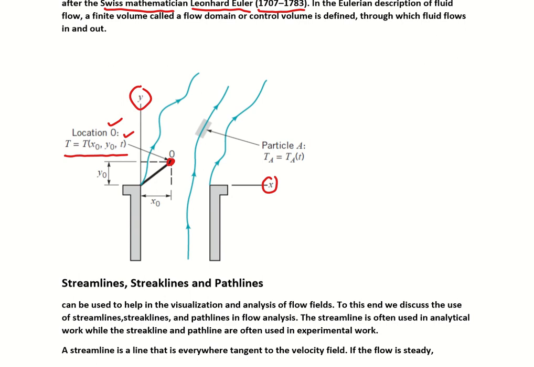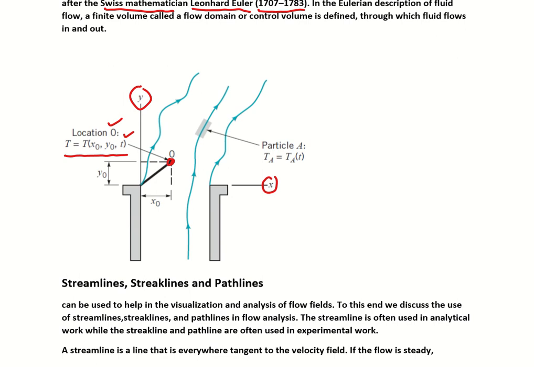So temperature is written as T(x0, y0, t), which is the position of the point or very infinitely small control volume, and time. This is termed as the Eulerian approach. So in a flow field we can have n number of these points where we observe the property, and in that manner we define the flow field.